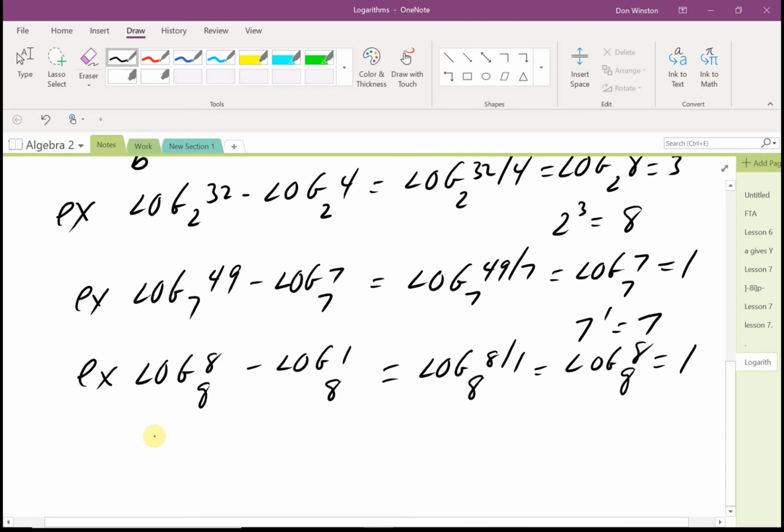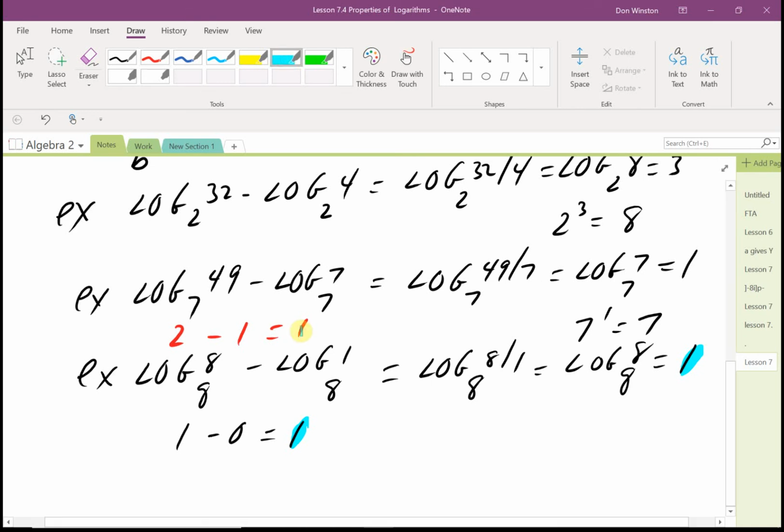Okay. Again, notice I could have just as well evaluated the left side. Log base 8 of 8 is 1, and log base 8 of 1 is 0, and 1 minus 0 is 1. Again, we got the same answer that we did when we did division. Above, log base 7 of 49 is 2, minus log base 7 of 7 is 1, and 2 minus 1 is equal to 1.